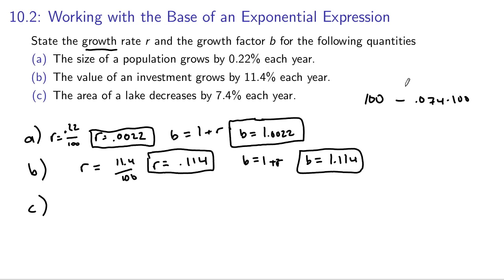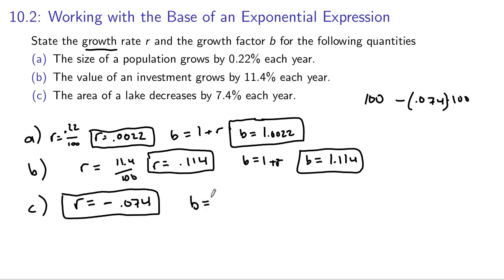The way we can deal with this is that r is not a decay rate, it's a growth rate. So r, the growth rate, will be the negative of this decay rate, negative 0.074. So whenever you have decay, your growth rate will be negative. And your growth factor is 1 plus r. 1 plus negative 0.074 is 1 minus 0.074, which is 0.926.